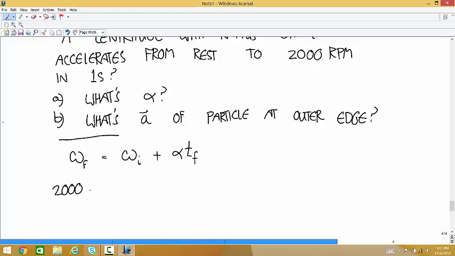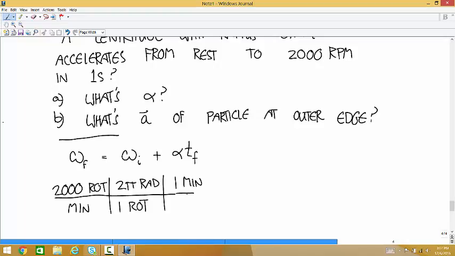So 2,000 rotations per minute, one rotation, how many radians is one rotation? 2 pi. And 1 minute is 60 seconds. And so that gives 209.44 radians per second.